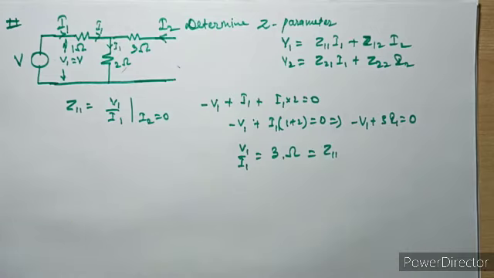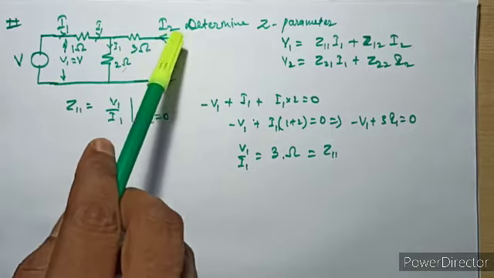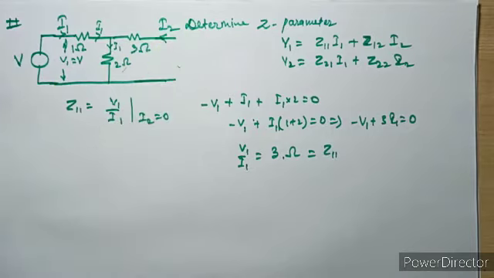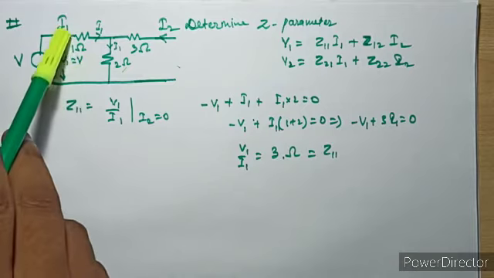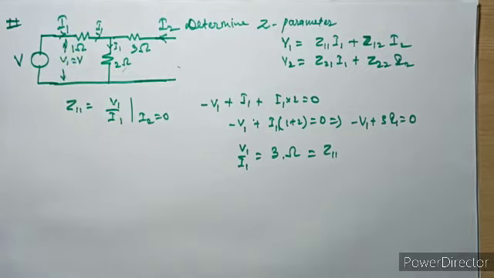To find Z11, we have open circuited the output port, that is made I2 as 0, and applied a voltage source. Let us say this is V, which will become the port voltage V1, and the port current I1, and found the ratio V1 by I1, right?